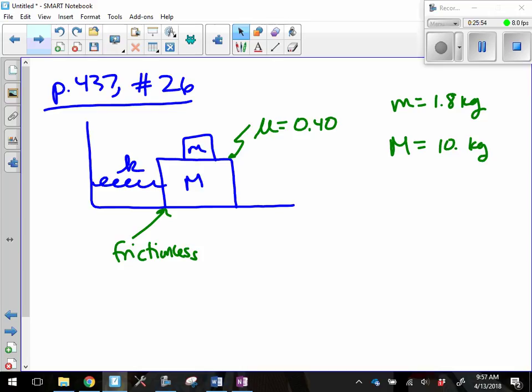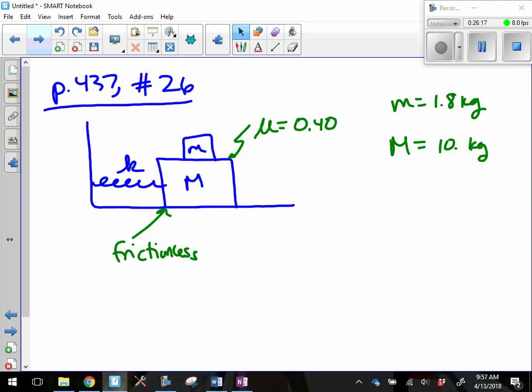All right, so I hope you can picture it here. I've got one block on top of the other, and they're moving back and forth. The trick is that I don't want the block on top to slip at all. So there's a friction force between them. And what kind of friction force is it? Static or kinetic?